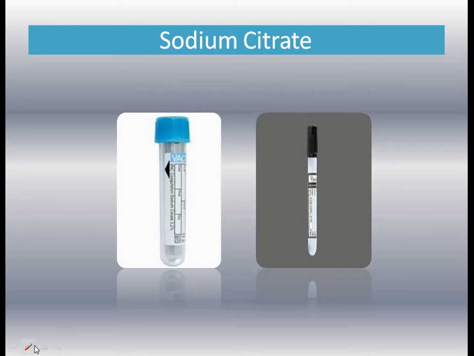ESR tubes have 3.8% sodium citrate and are diluted with blood in the ratio of 1:4. This anticoagulant inhibits the coagulation process by chelating calcium. Unlike EDTA, this is a weak chelator, so the chelating process is reversible.